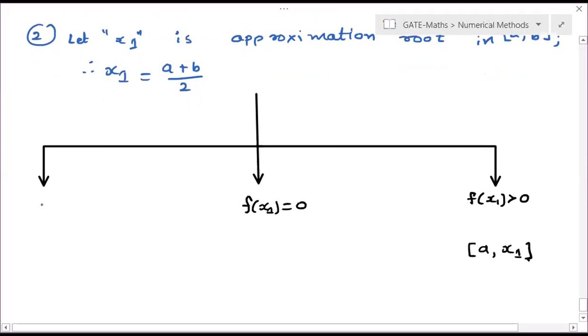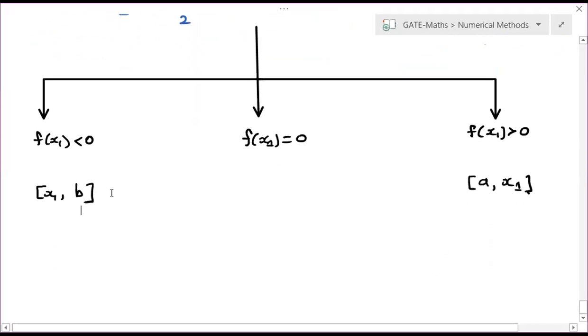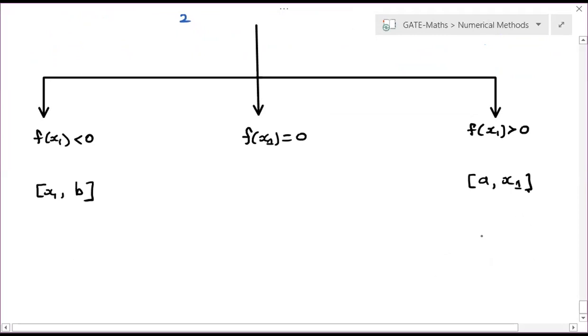And if f of x1 is less than 0, then your next root will lie in the interval x1 to b. Then your new x2 will be a plus x1 by 2, or x1 plus b by 2 respectively, and you have to repeat the same procedure.